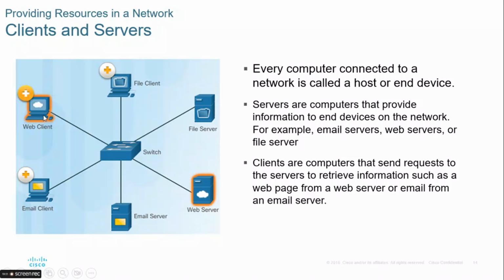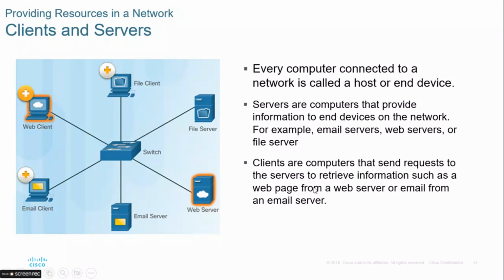For example, this is a user here who wants a file, maybe the letterhead of an organization. He is connected to the switch. Then he sends that request to this server through the switch. The same applies to web client to web server, email client to email server. I'll do a lab on this and see how the information flows.